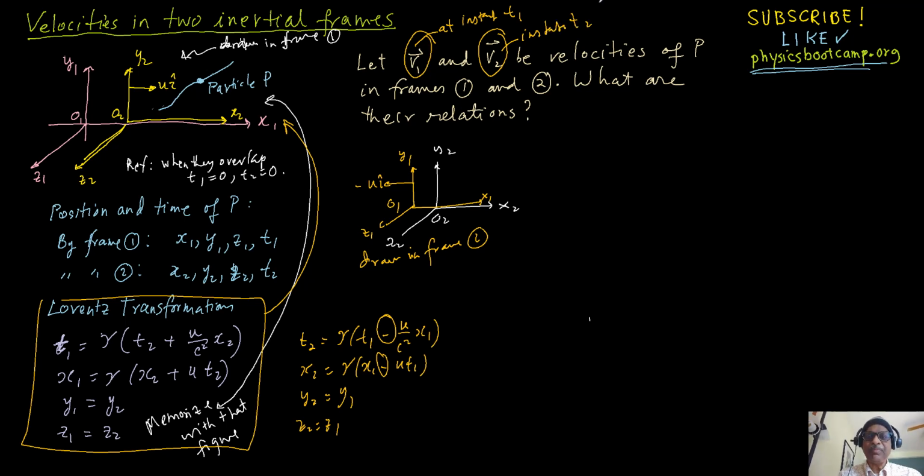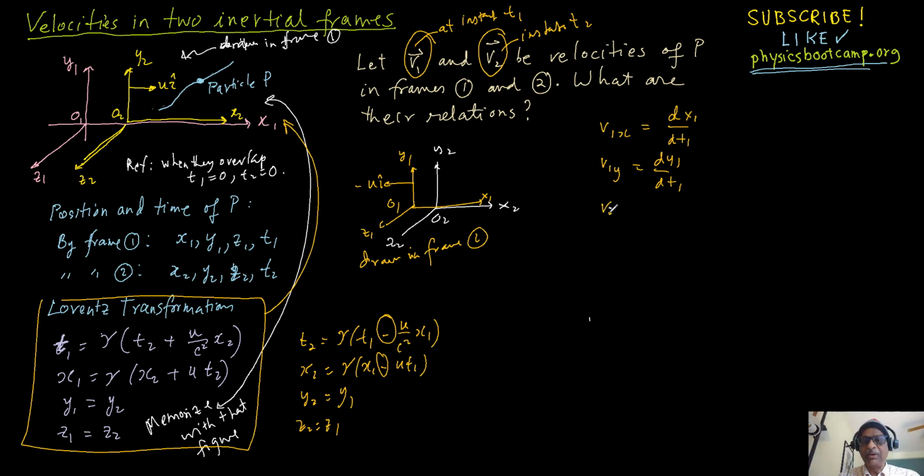Suppose you're just working in frame 1: the x component v1x is just dx1 over dt1, and v1y is dy1 over dt1. It uses its own times; it doesn't know the other frame exists.